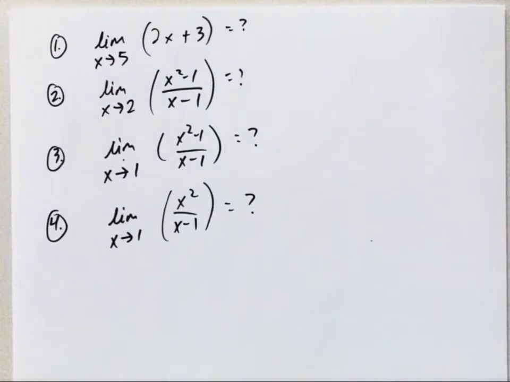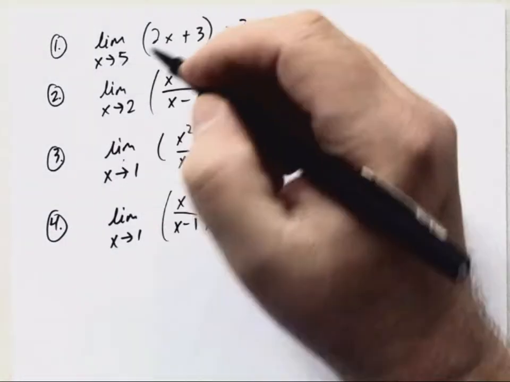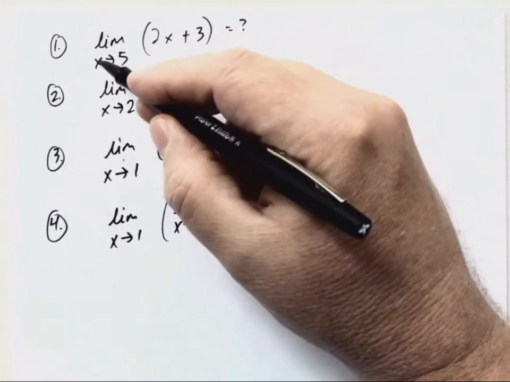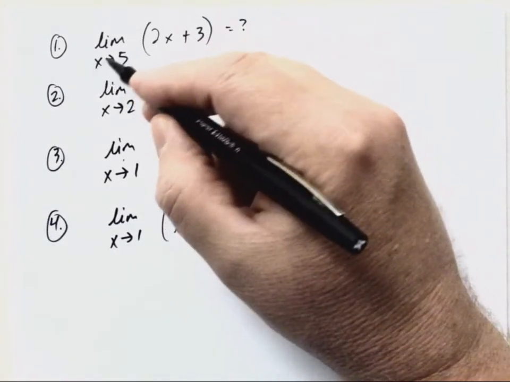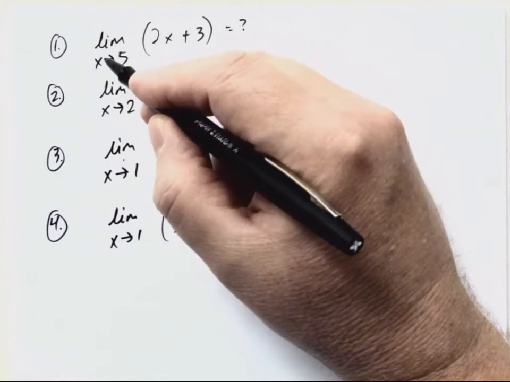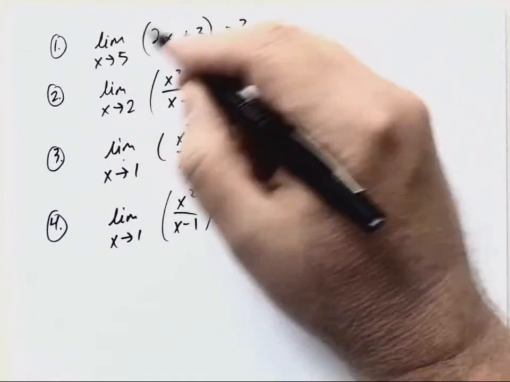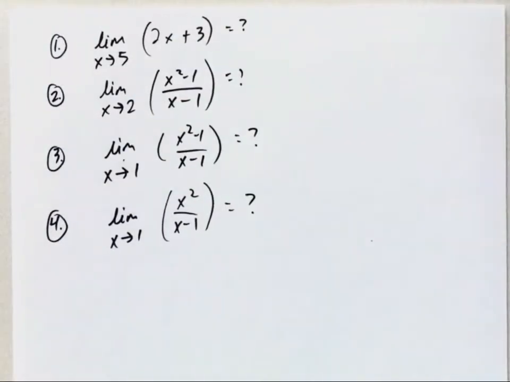So for limit problems, the first step is always the same. If this first one, x approaches 5, you simply plug in 5 for x into your function and see what happens.